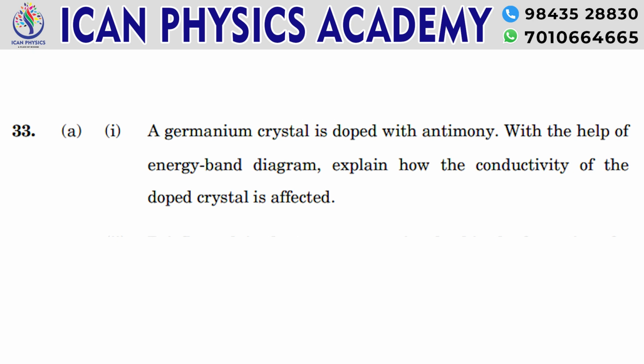A germanium crystal is doped with antimony. With the help of an energy band diagram, explain how the conductivity of the doped crystal is affected.